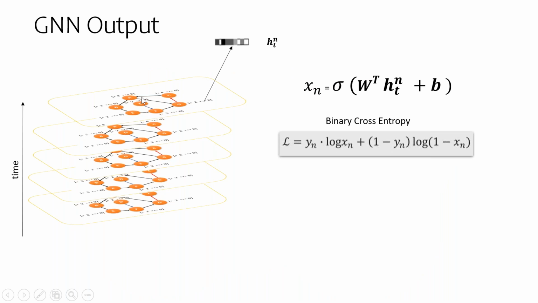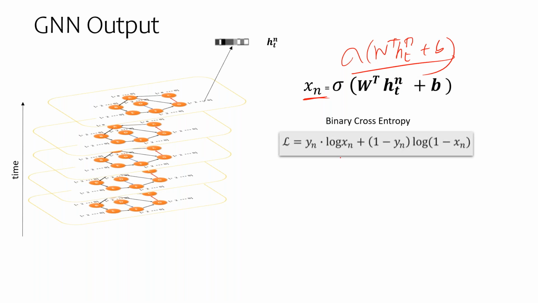So in a GNN we get an output. The output will be H and HT, right? As in the state of those nodes, the GNN layers, that we calculate as HTN. If you see here, XN would be obtained by applying a sigma to a weight matrix times HTN, which we get as an output, plus a bias, right?